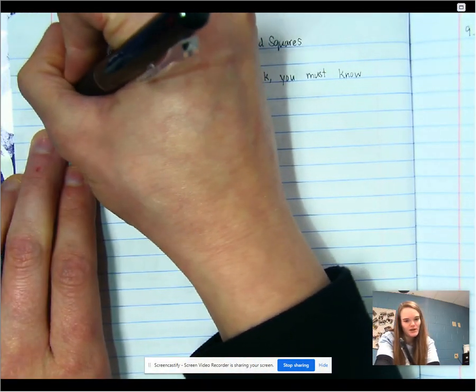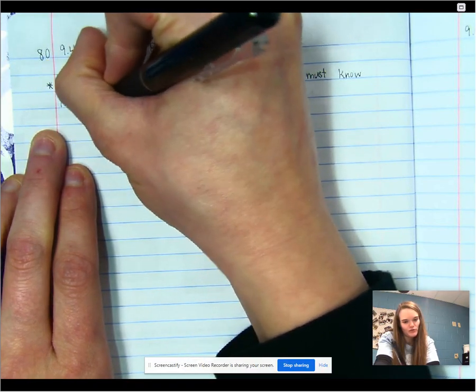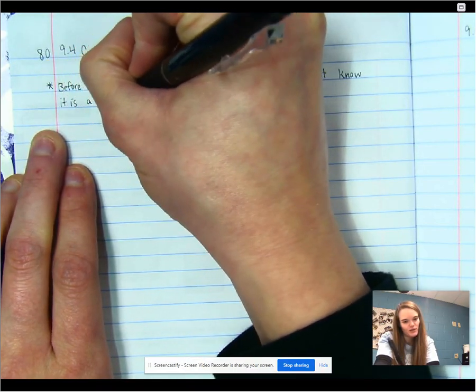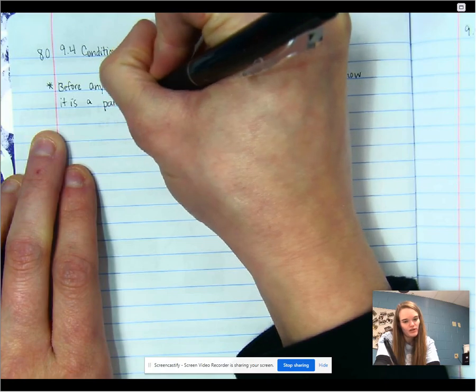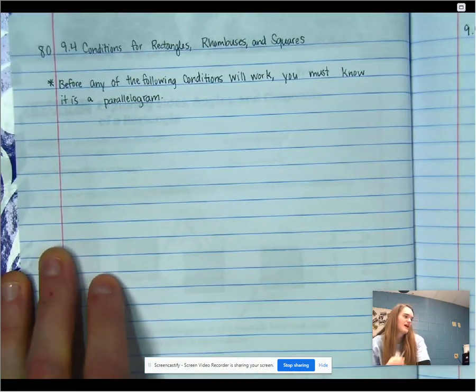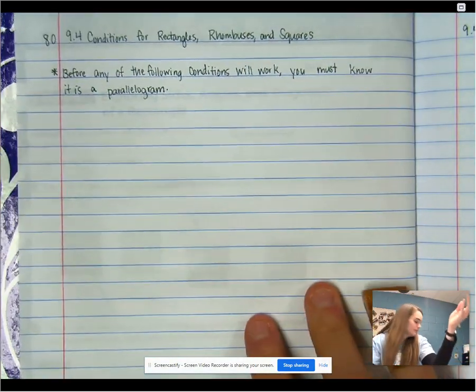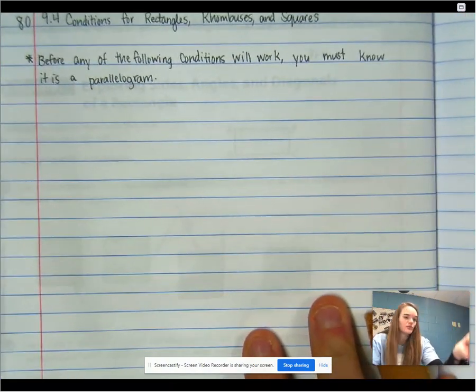If it is not a parallelogram, it does not work. So for all of these, everything we do today, we have to show it is a parallelogram first, every time. Okay. All right, so we're just going to write down the conditions.